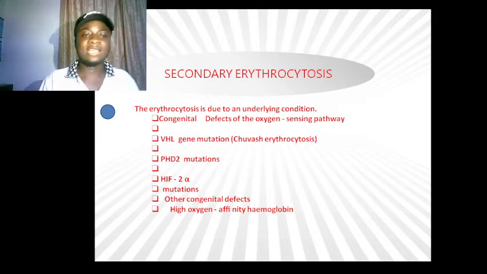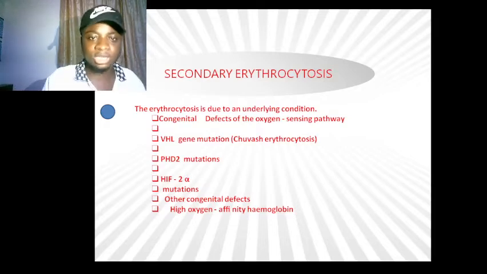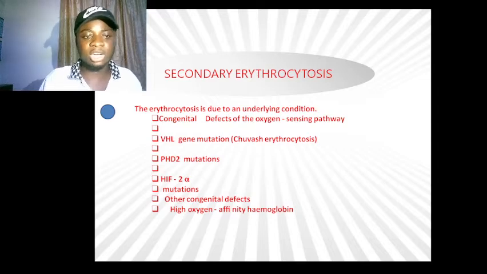No, there is an underlying condition which is causing the excessive production of what? RBC, the erythrocytosis. So it can be congenital defect of oxygen sensing pathway, which I will explain very soon.